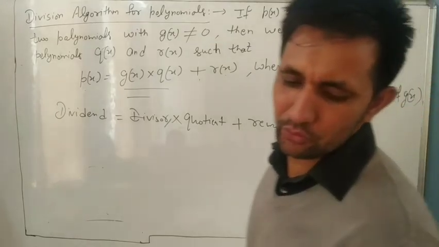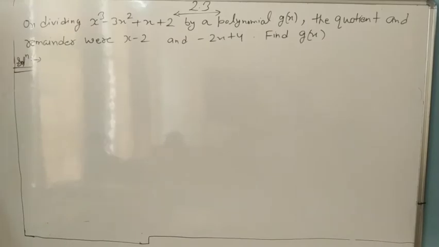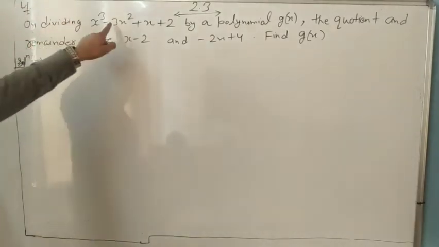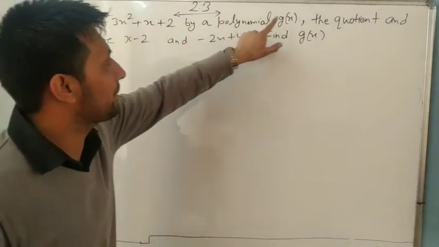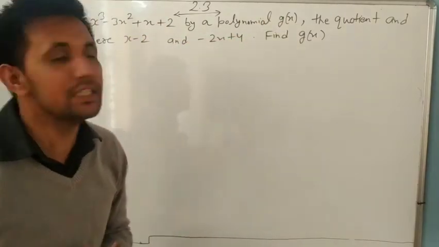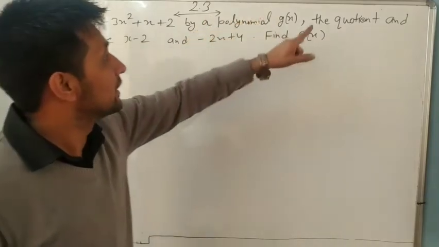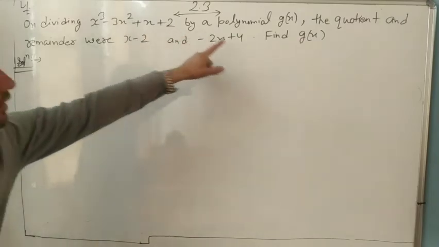Now we will do question number 4 of exercise 2.3. On dividing x cube minus 3x square plus x plus 2 by a polynomial g(x), the quotient and the remainder are also given.